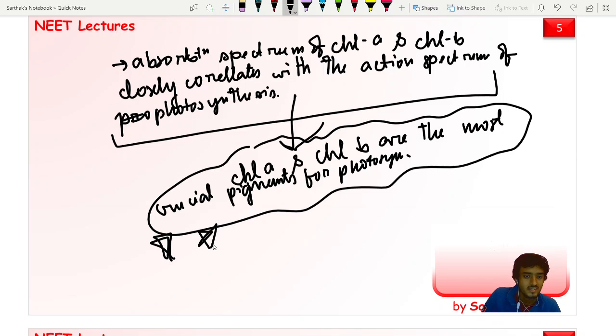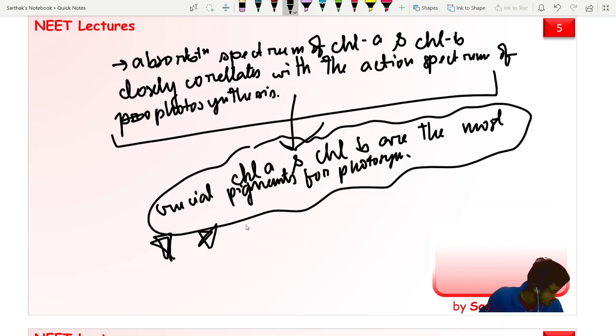Read the NCERT. In the NCERT, this line is given. I am reading the NCERT here. The NCERT says that the first action spectrum of photosynthesis was thus described, and it resembles roughly the absorption spectra of chlorophyll A and B. The line is given in NCERT.